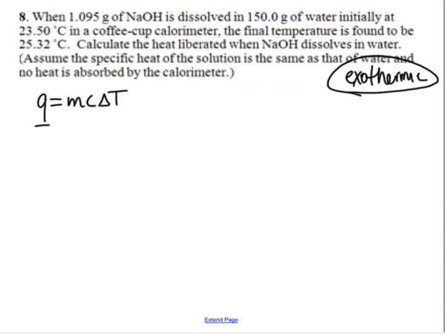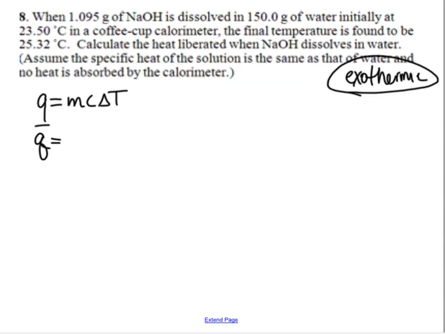We are now going to start plugging stuff in. We're solving for Q. The mass has to be the total mass of both reactants. Notice they gave us the mass of water. Sometimes they just give you the moles of water. If it's not at room temperature, they'll tell you the density. What's the density of water at room temperature, though? 1 gram per mL.